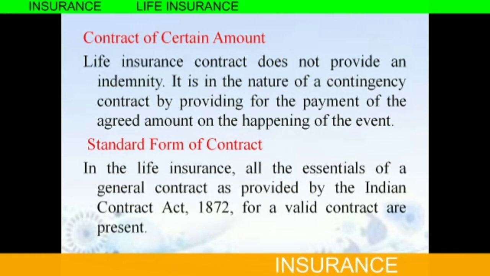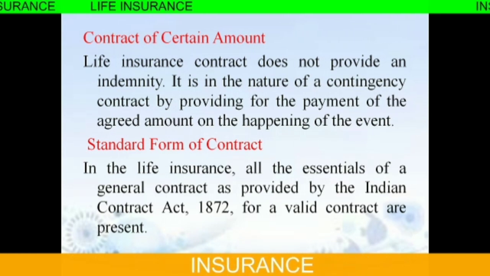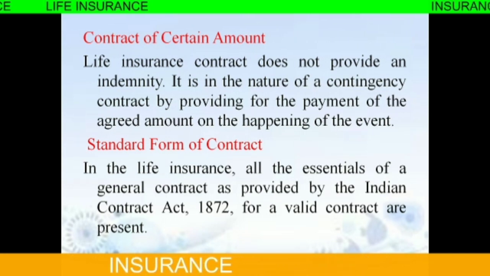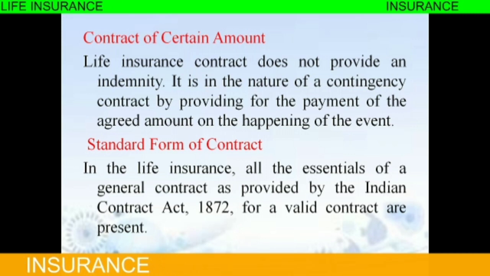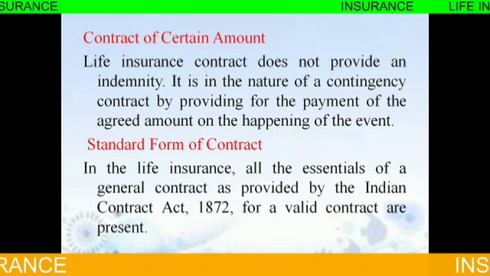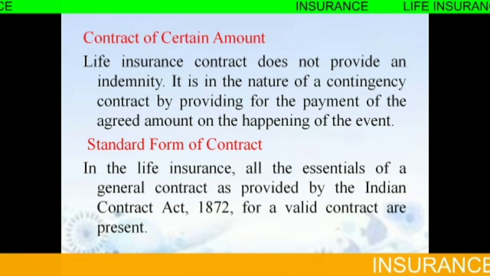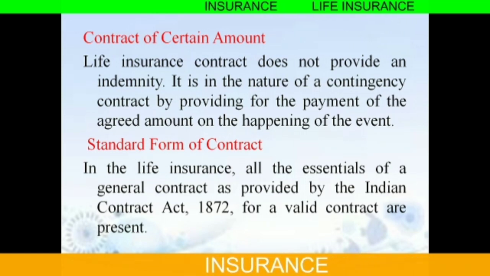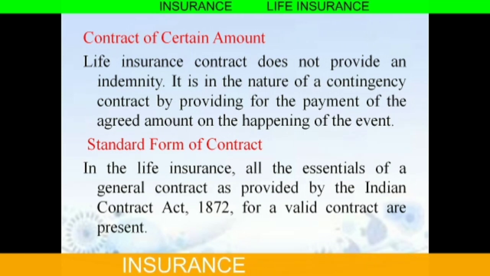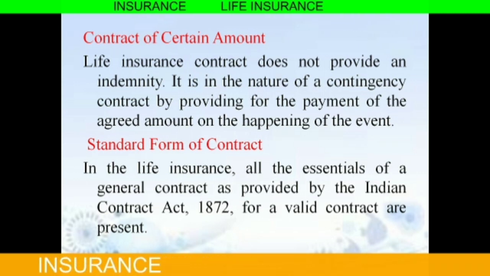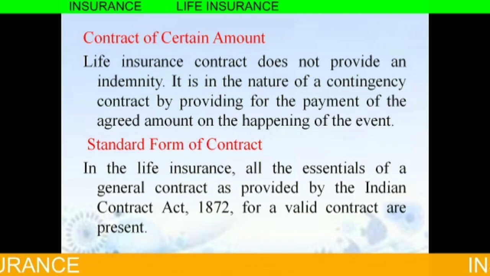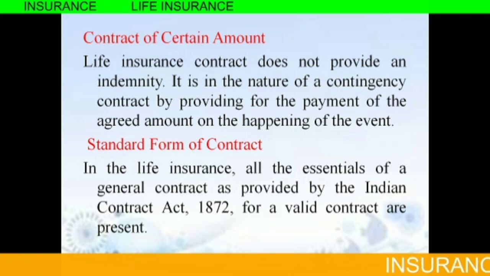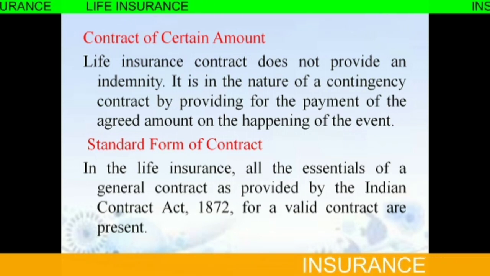And the next one is a contract of a certain amount. Life insurance is a contract that does not provide an indemnity. It is in the nature of a contingency contract, providing for the payment of the agreed amount on the happening of the event. So it is a type of contract of a certain amount.